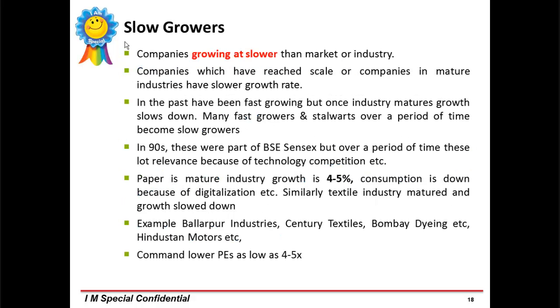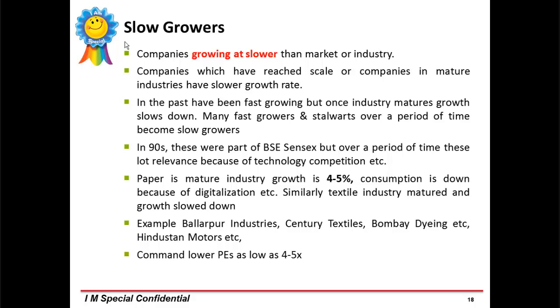Slow growers. Companies growing at a slower rate than the market or the economy. Companies which have reached large scale in mature industries have a slower growth rate. In the past, these companies have been in fast-growing industries, but over a period of time they mature and slow down.